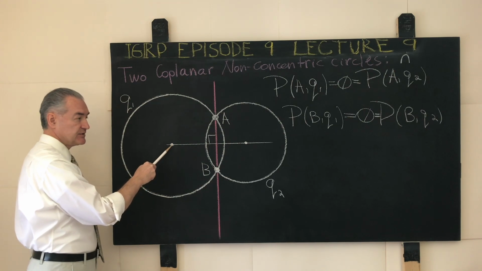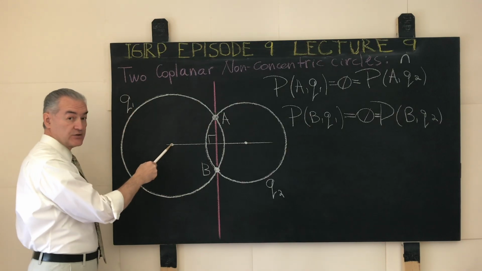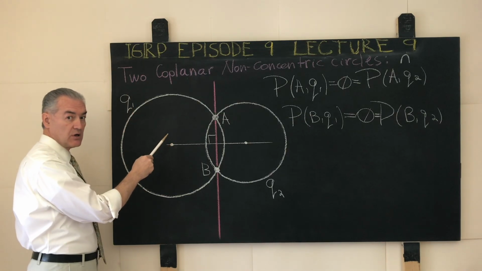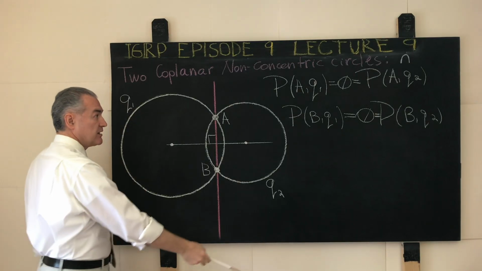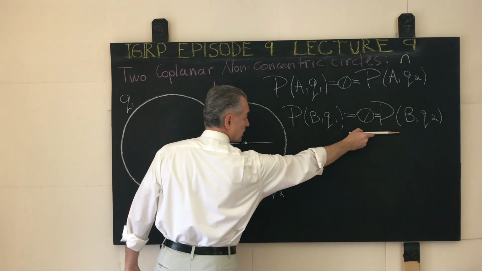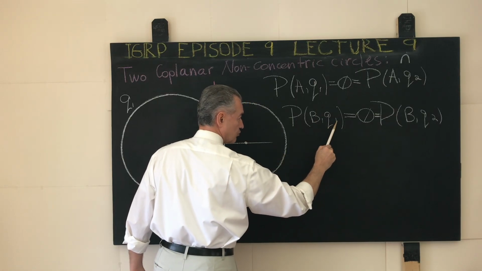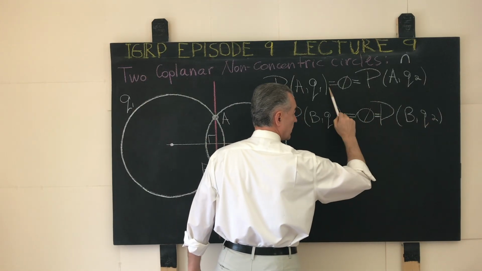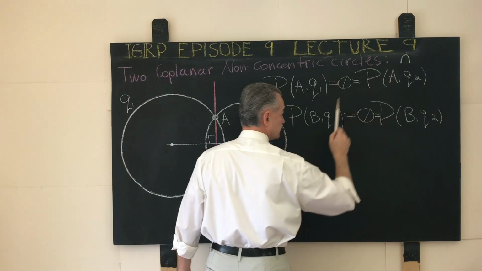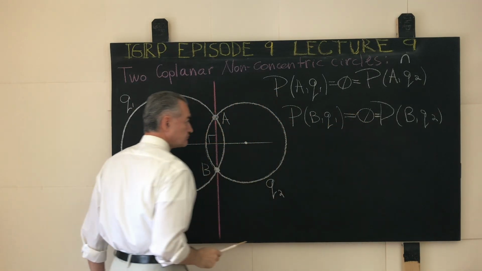In this case, that distance will be r1, the radius of the circle Q1, and the radius of the circle, r1. r1 squared minus r1 squared is 0. And the same exact idea applies to the power of the point B with respect to the first circle, Q1, and the second circle, Q2. Either way, in either case, the powers come out to be 0. 0 is equal to 0. 0 is equal to 0.